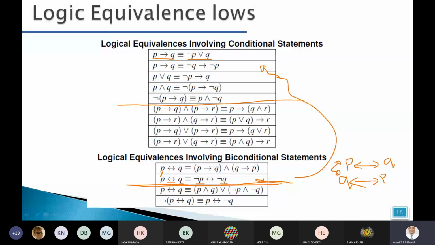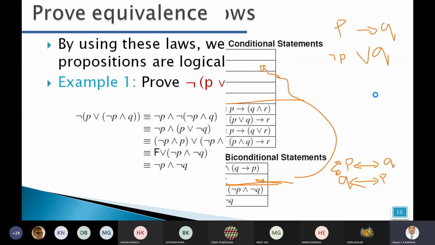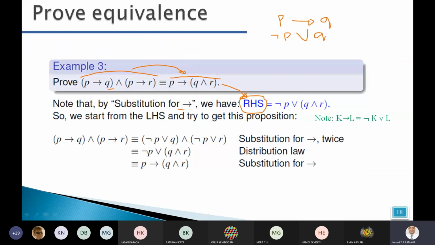You see the law? P implies Q is equivalent to not P or Q. Then we can write this side, or if we reach the right hand side not P or the other side, Q and R, it means we reach the result.